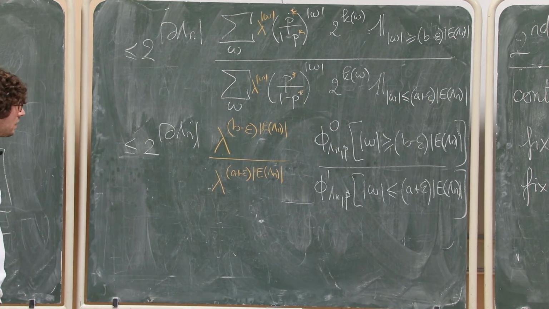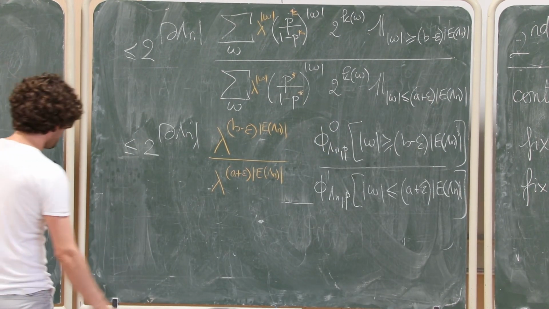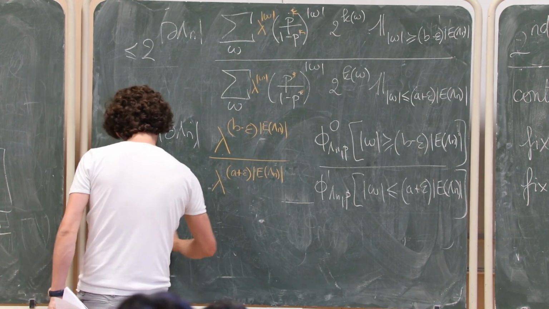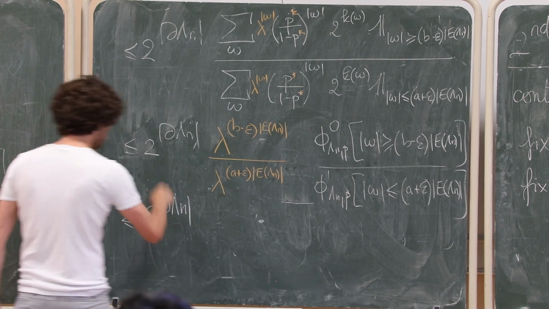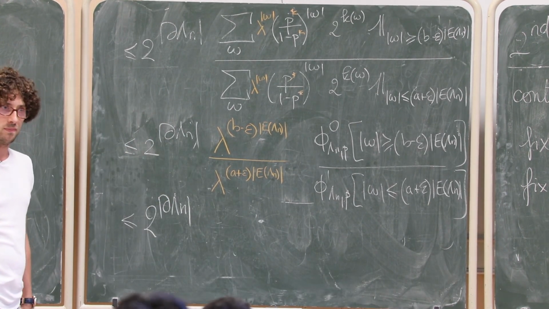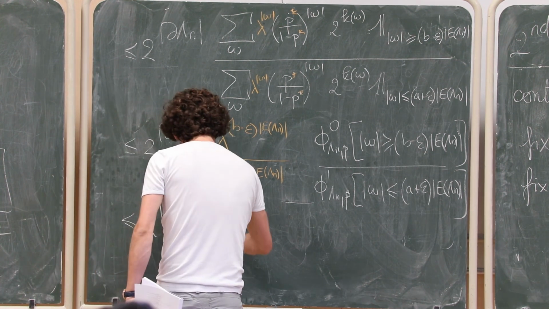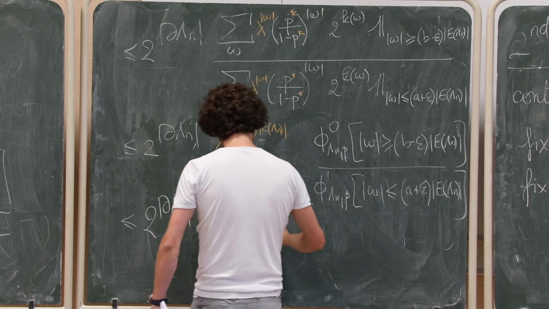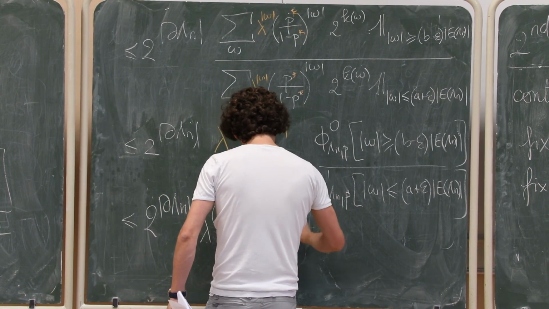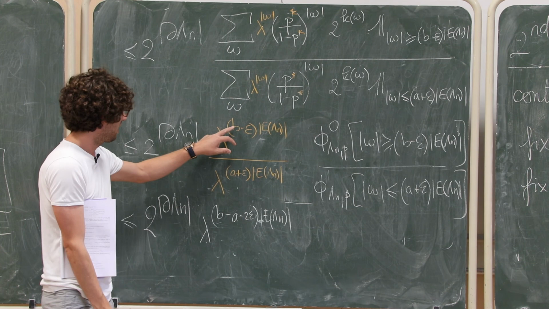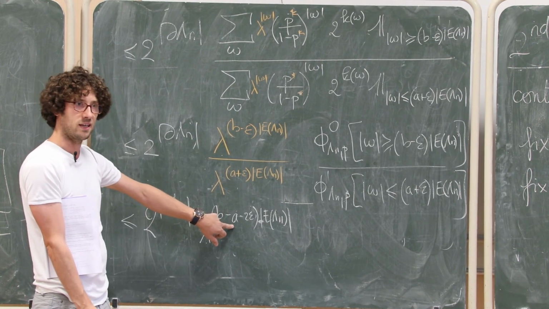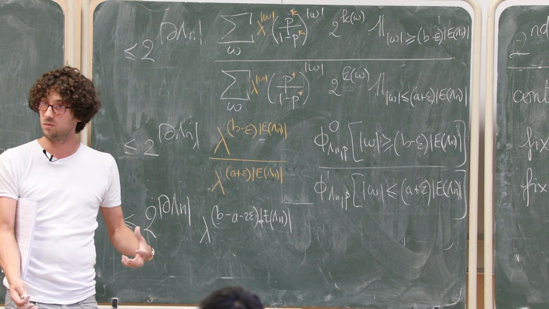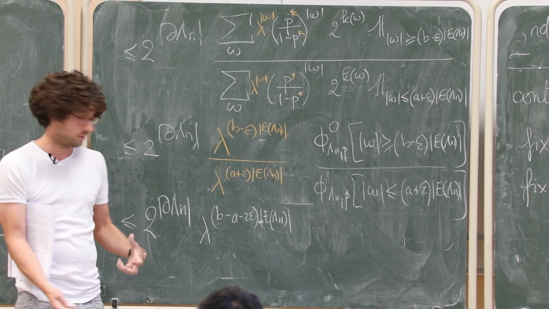Right? So at this stage, things look moderately good. I mean, already a little bit better than before, but here we have a term which is of order of the boundary. Here we have a term which is b minus a minus 2 epsilon of e of lambda n. And notice that if b is larger than a strictly, I can choose epsilon small enough that this is of the order of volume, which is bad.